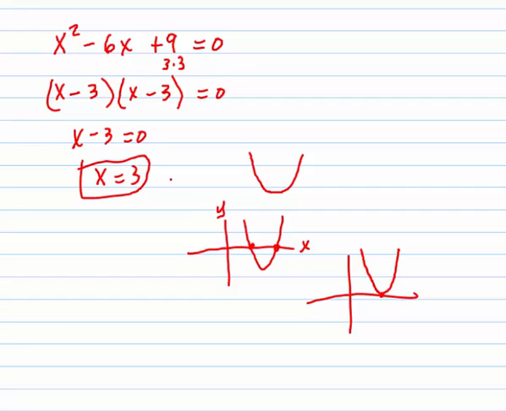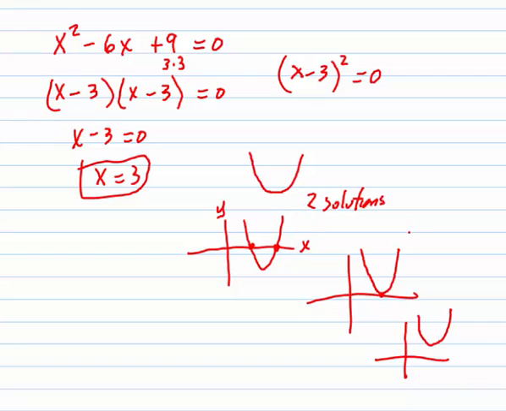We get one solution, which is the case right here. This is really x minus 3 quantity squared is equal to 0. And sometimes we get no solutions where the graph looks like this and it never touches the x-axis. It's never 0. And so there would be no solution. So 2 solutions, 1 solution, or no solutions.